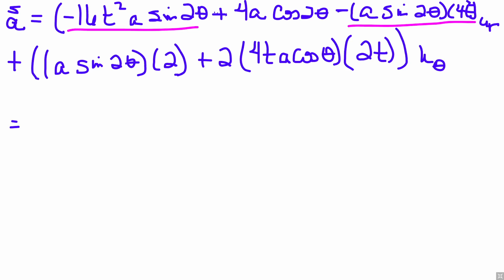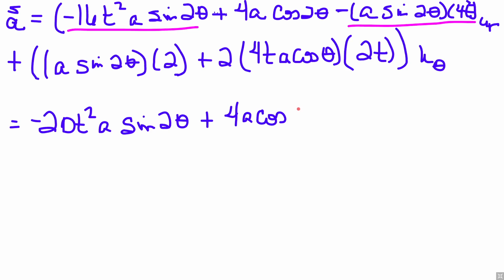Negative 20. So negative 20 t squared a sine of 2 theta plus the other piece just comes along, and this is in the u of r direction, plus.